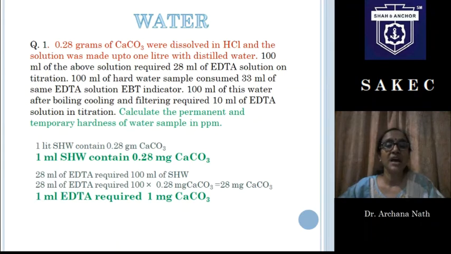Calculate the permanent and temporary hardness of the water sample in ppm.